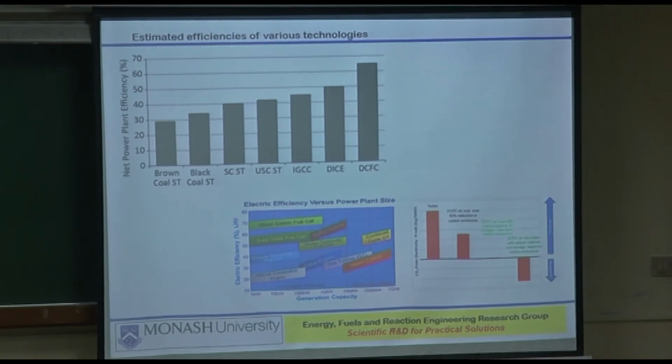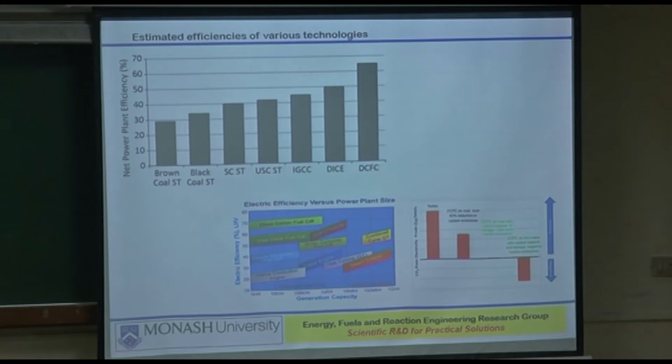And it shows how the efficiency can be improved if you change the fuel, if you change the technology type, etc. So this essentially comes from very detailed process simulation carried out by software such as Aspen Plus.